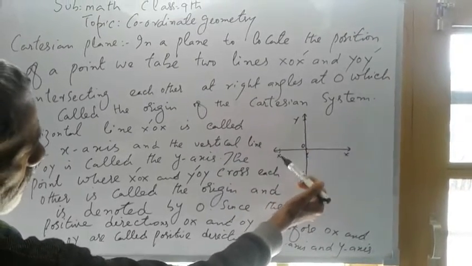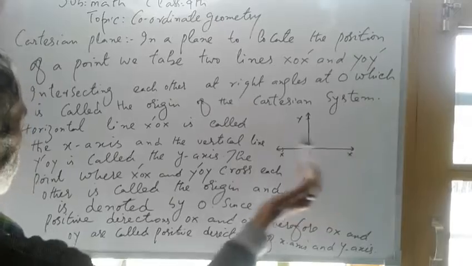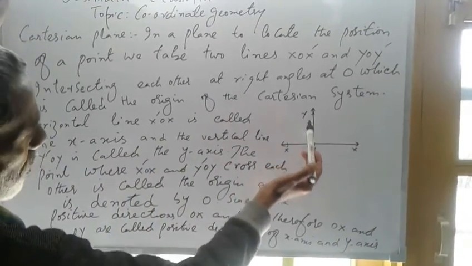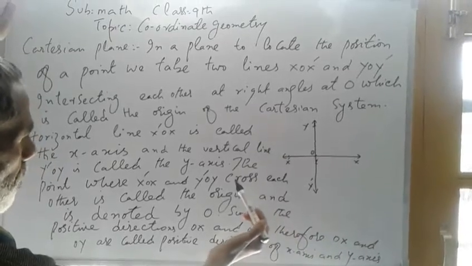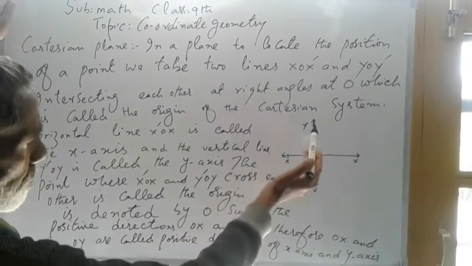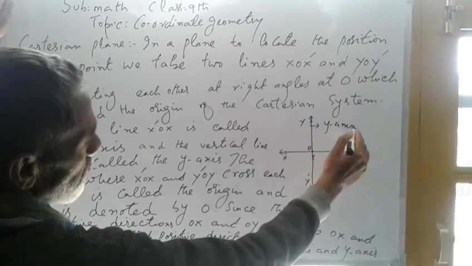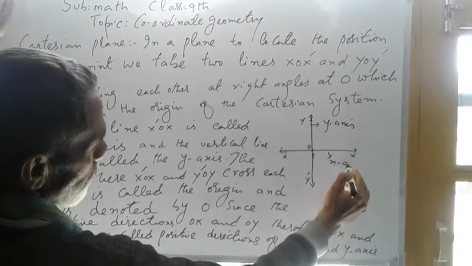The horizontal line X'OX is called the x-axis, and the vertical line YOY' is called the y-axis. This is the y-axis and this is the x-axis.